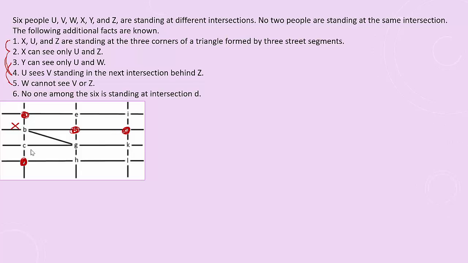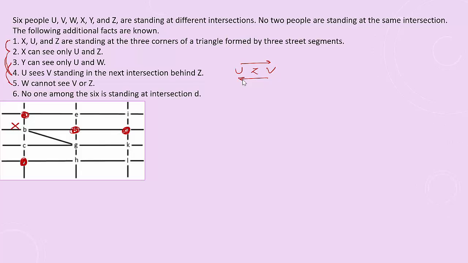If I'm assuming U and Z are at these 2 points. Now it's given U sees V standing in the next intersection behind Z. So U sees V standing in the next intersection, that means it's U Z V in this order, or else in the reverse order, or else any other variations. Can be horizontally, can be vertically, any other variations are possible, but this is my relation here.